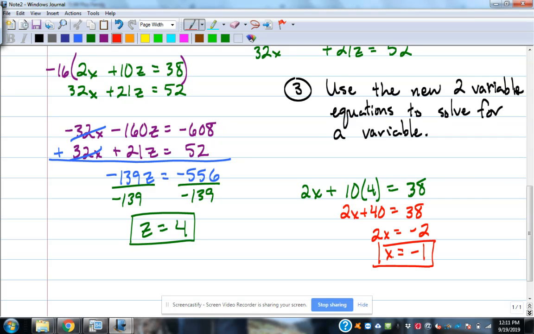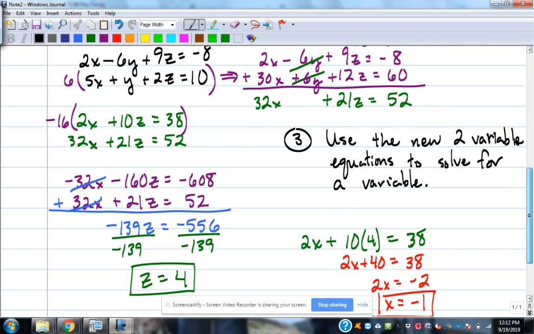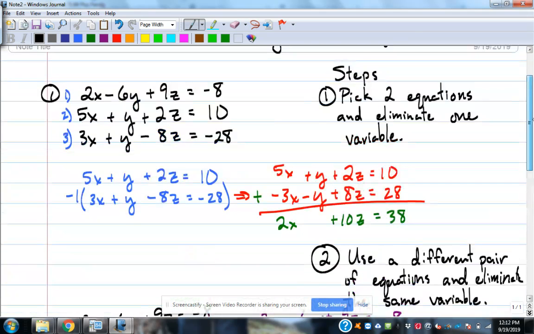Now I have 2 of the variables, and I have the original problems that have 3 variables in them. So I can take those, z and x, and go back to an original now to solve. We want to take those 2 and go to an original problem and plug in. So we're going back up to one of the originals.